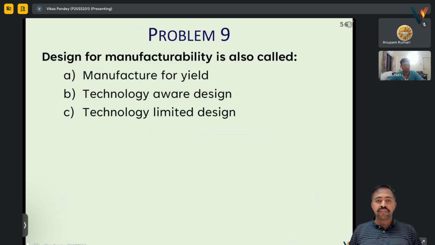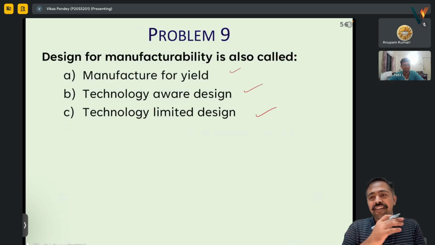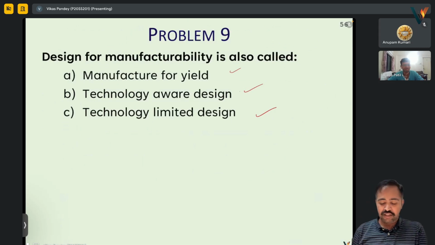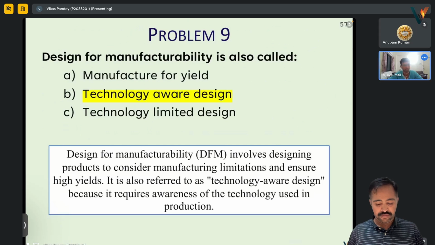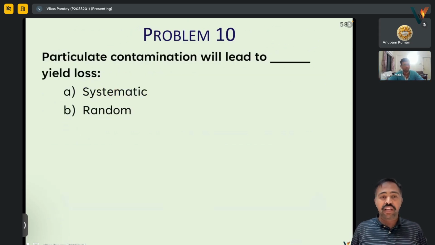Design for manufacturability is also called manufacturing for yield, technology aware design, or technology limited design. It is also called technology aware design, where you know the technology beforehand. Particulate contamination will lead to which yield loss, systematic or random?